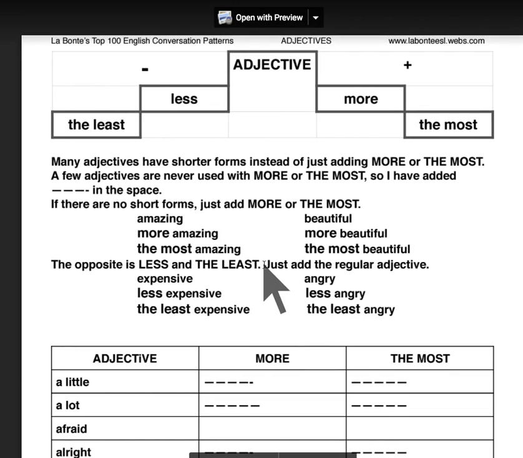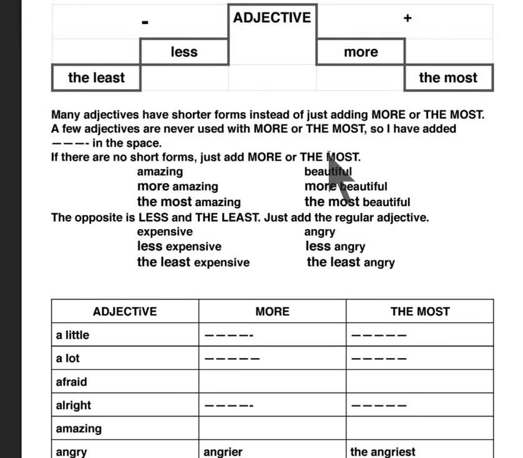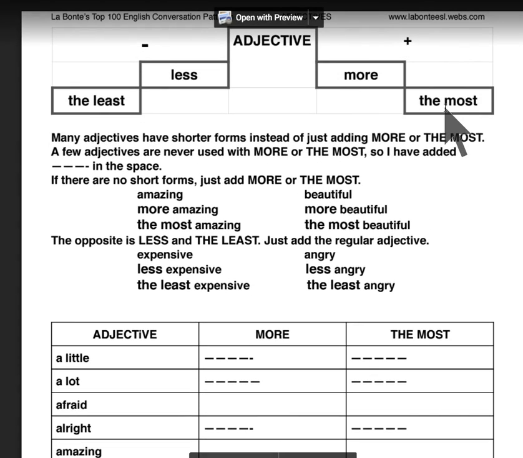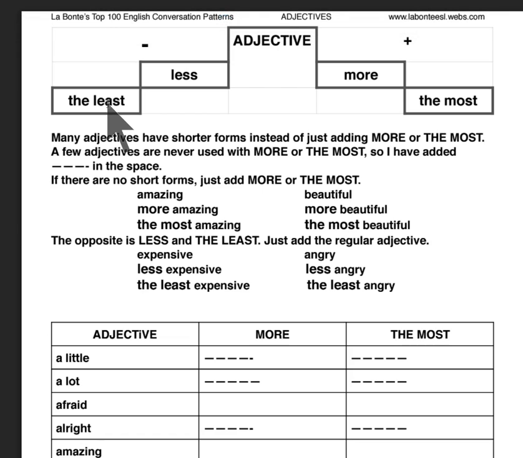These shorter forms that we'll find in the bottom here only refer to these changes made when you use these 2 adverbs. With less and the least, the adjectives remain the same. It was the least expensive. There's no change.